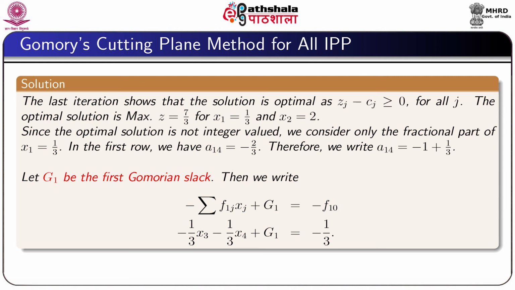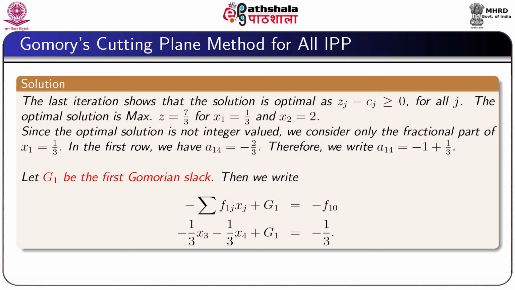Since x1 is not an integer, we have to proceed further by using Gomori's cutting plane method. Since the optimal solution is not integer, we consider only the fractional part of x1 equal to 1/3. So, we can write it as 0 plus 1/3, and in the first row we have also a14 equal to minus 2/3, and it is a negative fraction.